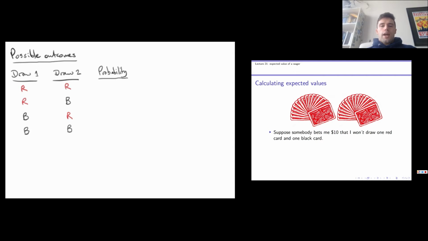So look at the first outcome, or the first row, where we draw red, red. The probability for a red card on draw 1 is 1/2, and the probability of a red card on draw 2 is 1/2. So by the special conjunction rule, the probability of outcome 1, which is red, red, is 1/2 times 1/2, which is 1/4.